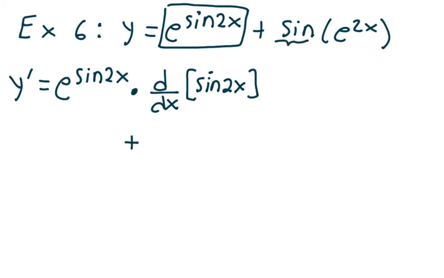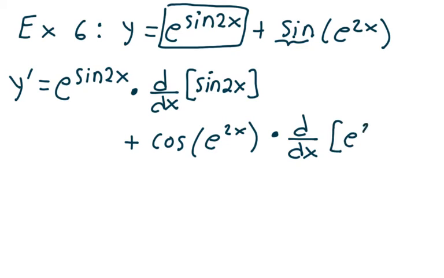The derivative of the outer function is cosine, right? So the derivative of sine is cosine. So we're going to do cosine of e to the 2x, and I'm going to multiply by the derivative of e to the 2x. I hope that makes sense.